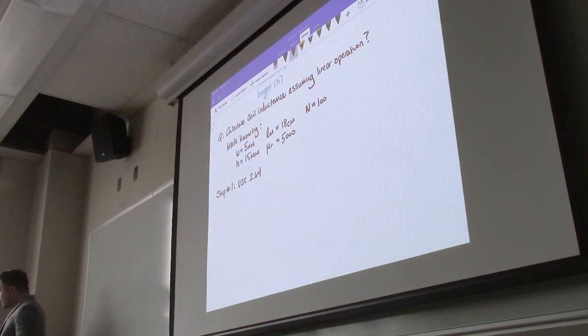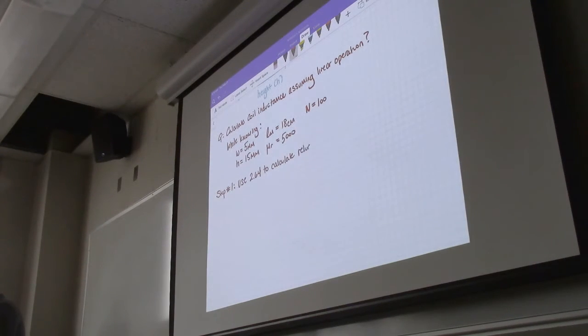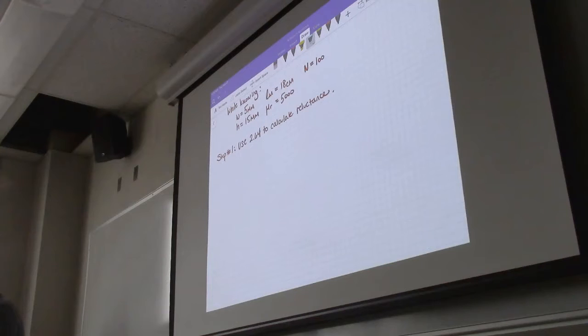So, use 264 to calculate the reluctance. And so these values, how many of them do we know? We know that this is 18 centimeters.